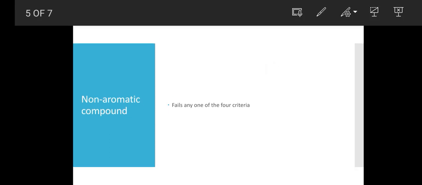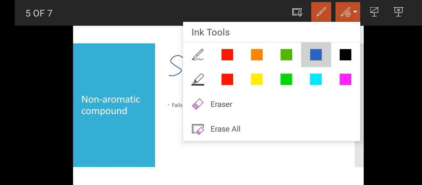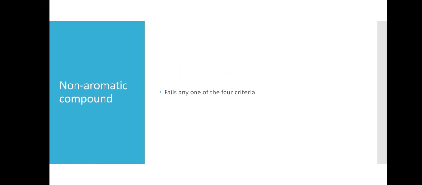Likewise, one important thing is that it has sp2 hybridization as well as some sp3 hybridization also. That is the main thing for non-aromatic compounds. Here we will see the example. Cyclooctatetraene is an example for non-aromatic compounds.